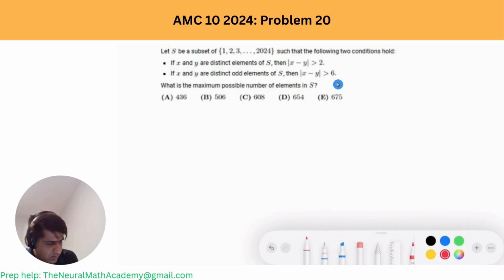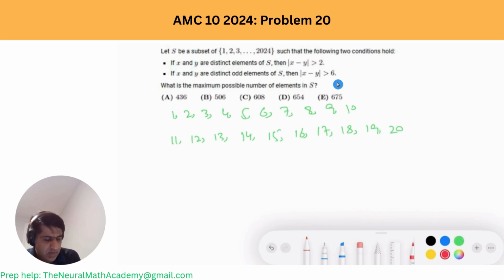So I will write down here numbers up to 20: 1, 2, 3, 4, 7, 9, 10, 11, 12, 13, 14, and 20. Now, based on the first condition, 2 and 3 are not possible, right?